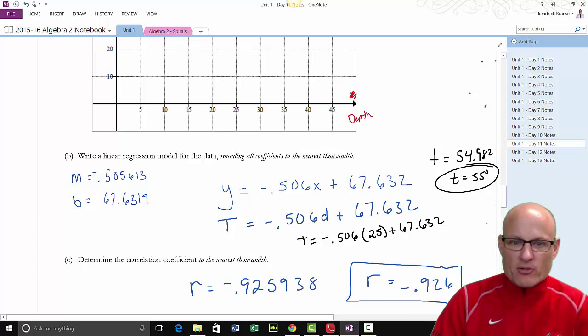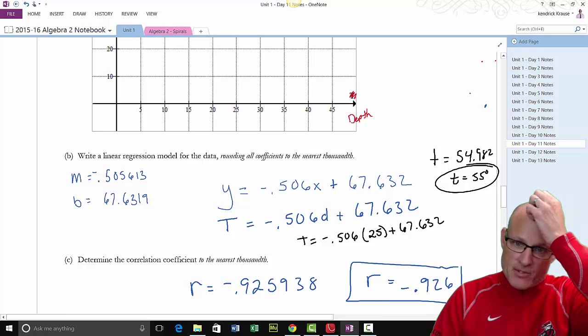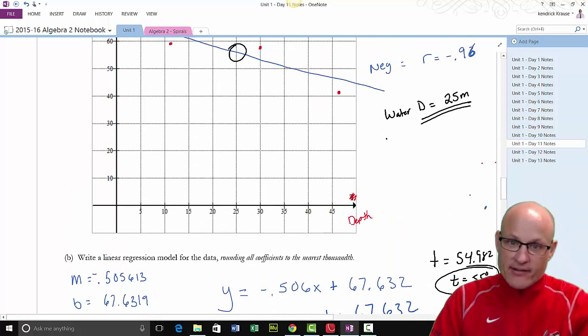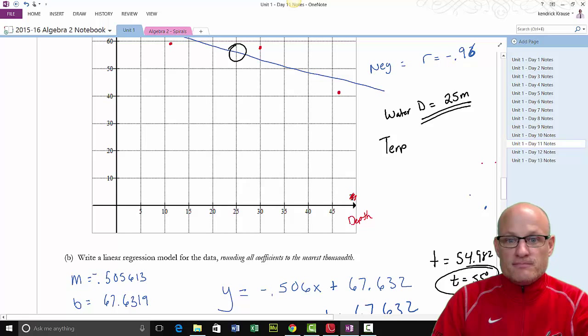Now let me change things up just slightly. I'm going to do it up here. Now I want to say, hey, the temperature is 17 degrees. What is my depth? Well, now I'm looking for my depth.